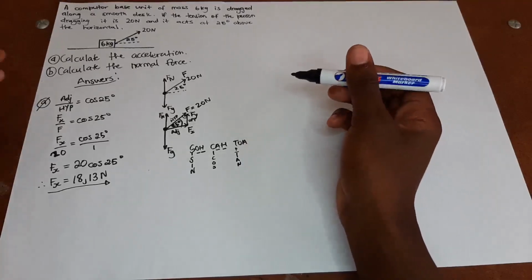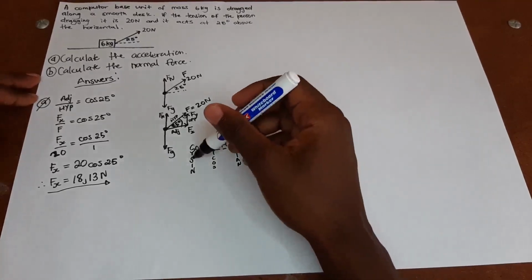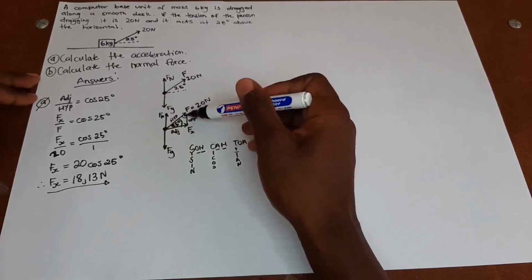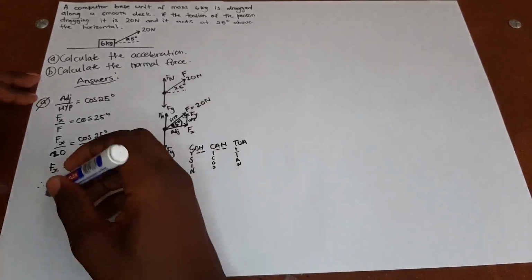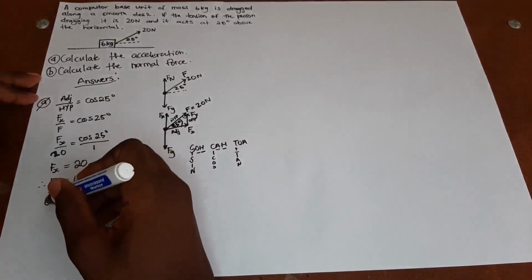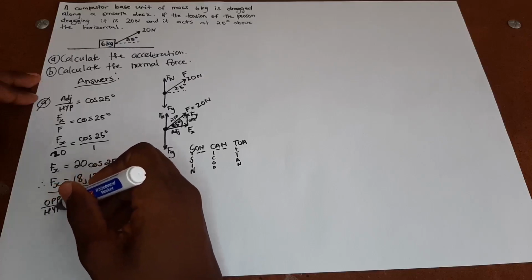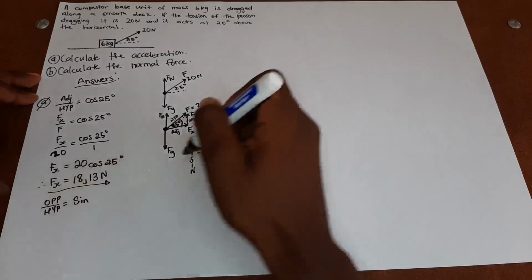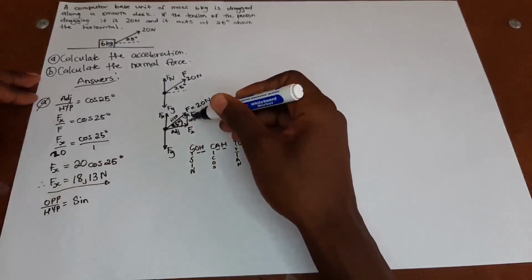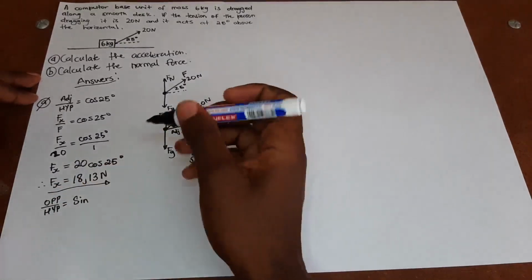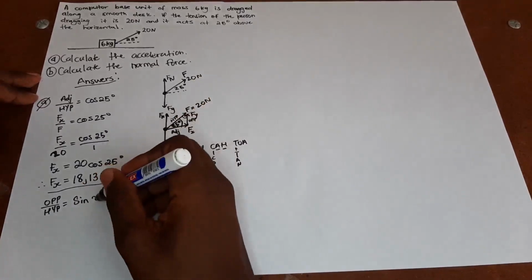So opposite over hypotenuse is equal to sine 25 degrees.